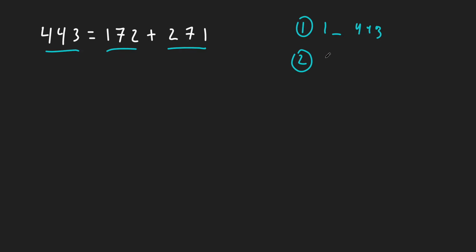For example, at the number 12 we need to find its reverse, which is 21. 12 plus 21, does it equal 443? It's not, so we go to the next number. At the next iteration, for example at 172, its reverse is 271, and 172 plus 271 equals 443.